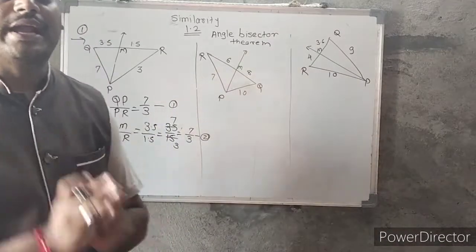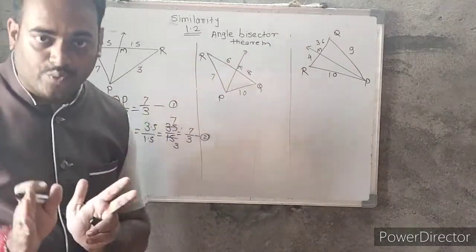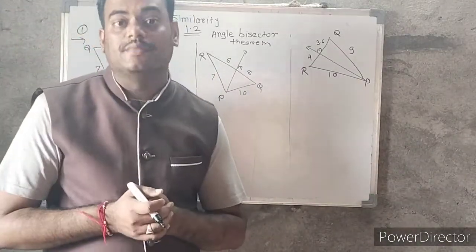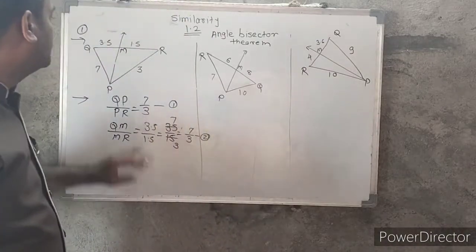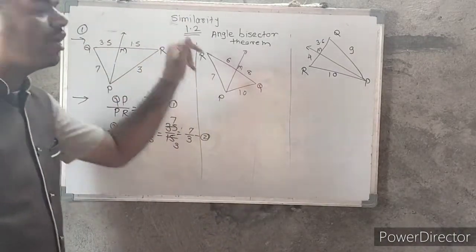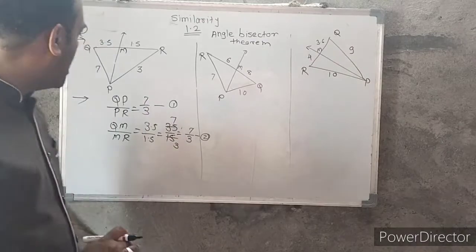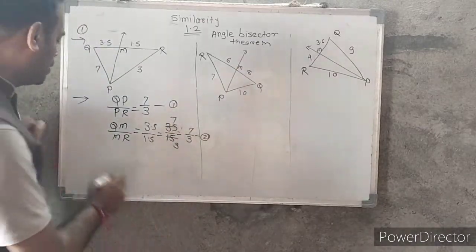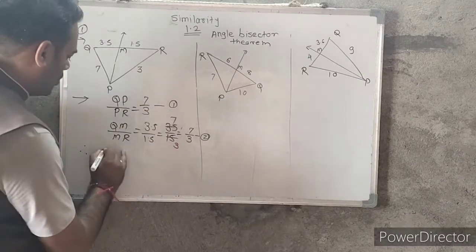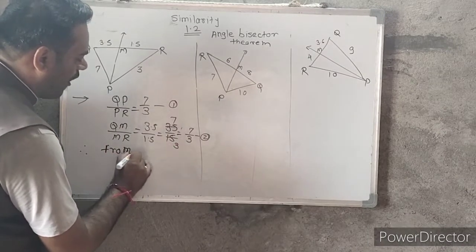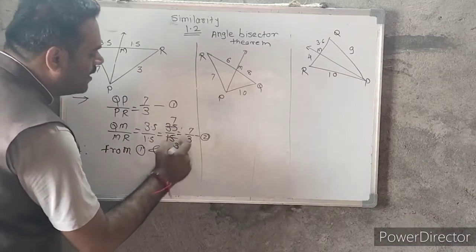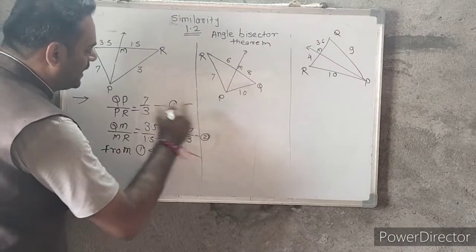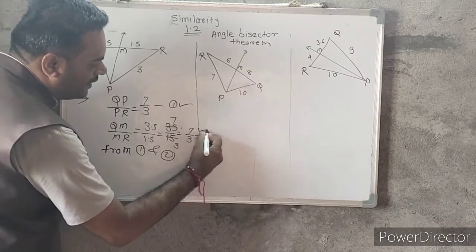If both sides, that means the first and second, are equal, these values are the same, at that time you can say that this PM is a bisector of the angle PQR or angle QPR or RPQ. So here we may write, therefore, from 1 and 2. Why? Because these two values are the same. Here 7 upon 3, here also 7 upon 3.